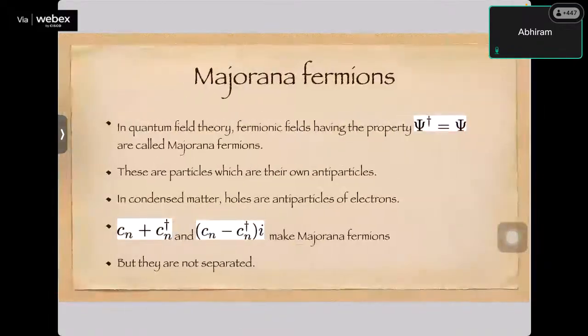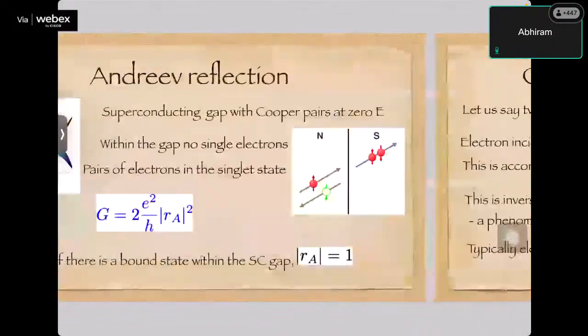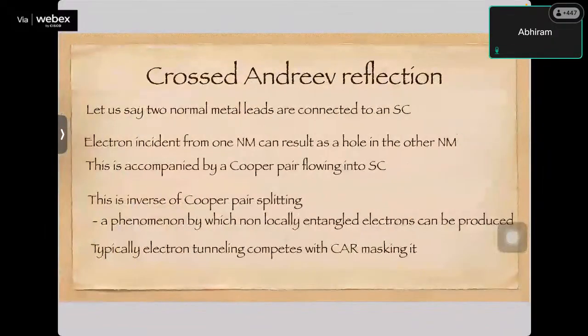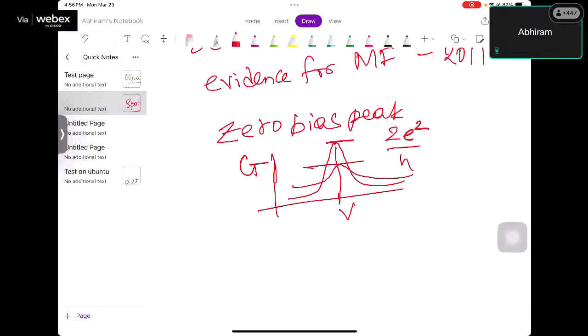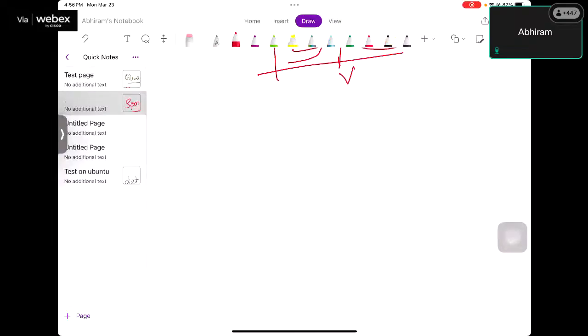Okay, and then there is something that I want to tell you about, cross-Andreev reflection. I will also cover some of this in my second talk. So what is this phenomenon? Let us begin with Andreev reflection.